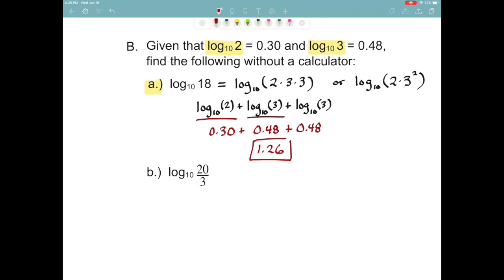Now that would have also worked over here. I'm just going to show you. If we had log base 10 of 2 times 3 squared, that could have been expanded out as log base 10 of 2 plus log base 10 of 3 squared. And then we could have used the power property to move that 2 down and do 2 times log base 10 of 3.